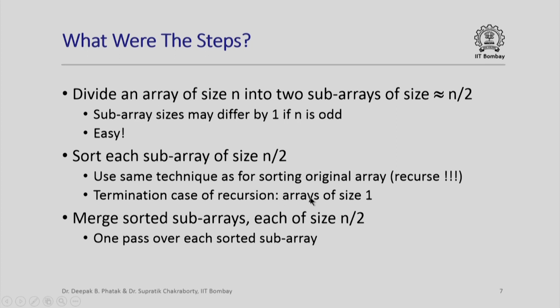In these cases, the arrays are already sorted, so we do not need to recurse anymore. And we also saw how to merge sorted subarrays each of size n/2, and if you recall from the last lecture, we saw that this merging of sorted subarrays can actually be done quite efficiently by making a single pass over each sorted subarray.